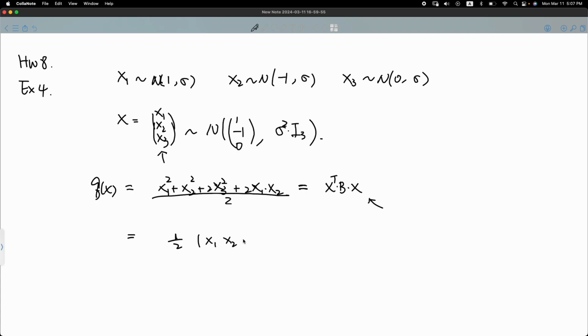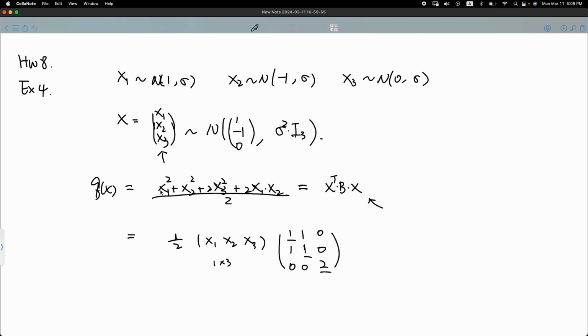So a row vector, a 1 by 3, and then multiply by a 3 by 3 matrix, and that is going to be 1, 1, and then a 2. So if you multiply the column vector and the row vector by this matrix, you are basically just collecting the product terms with the coefficients assigned here.